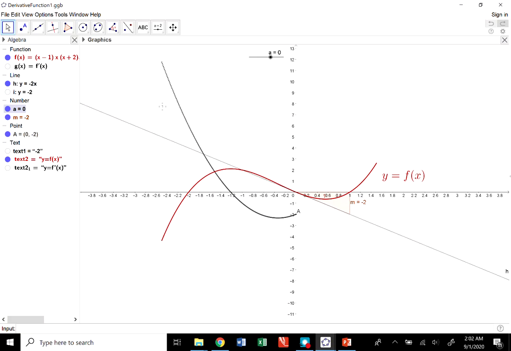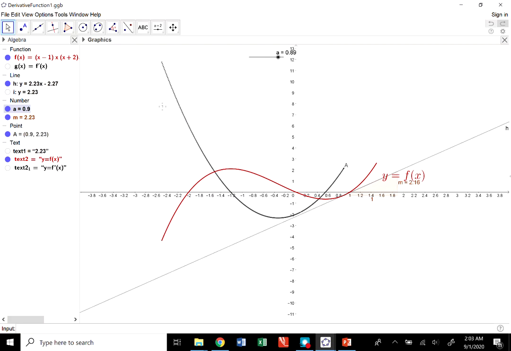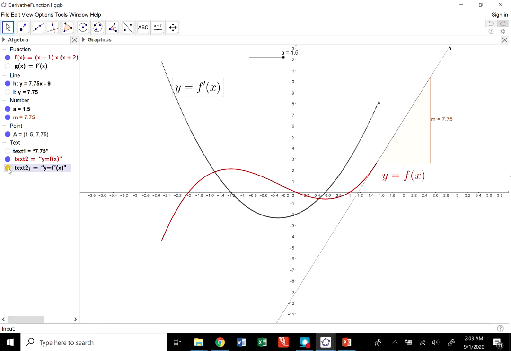So look at that. All I'm doing is, at different points, I'm drawing the tangents and recording the slopes of those tangents. Ta-da! So the parabola-looking curve turns out to be the derivative curve. And in fact, I actually know how to take the derivative in a slightly different way, and I did that.